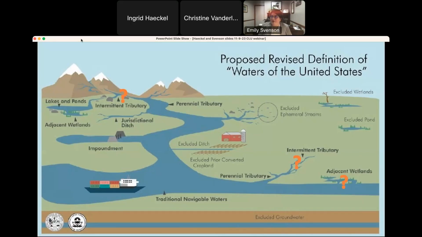Tributaries that are intermittent may or may not be regulated. And then wetlands that are adjacent, if it's a regulated tributary, adjacent wetlands that have a continuous surface connection will be regulated. But isolated wetlands will never be regulated by the federal government.